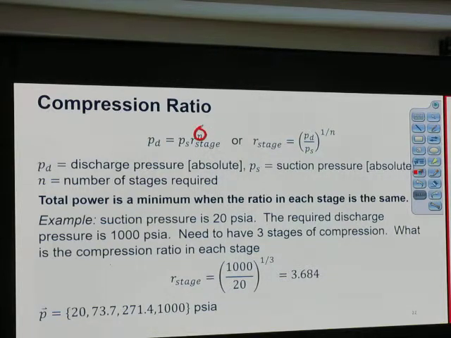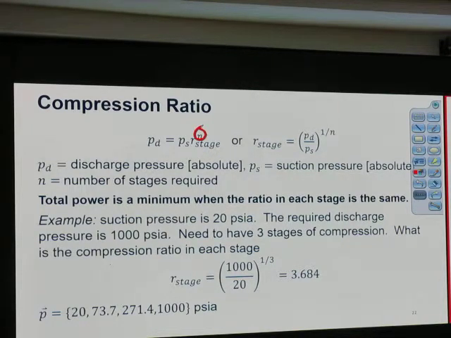This equation tells me that every stage has the same compression ratio. When we design the compressor, every stage must have the same compression ratio. We cannot do first stage 3, second stage 4, third stage maybe 2.5. No, all of them have to be the same.